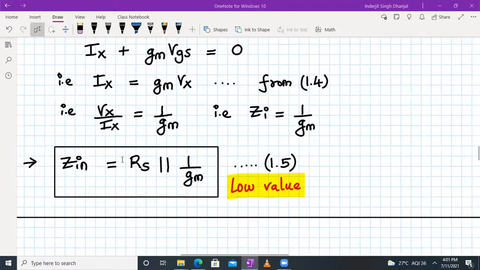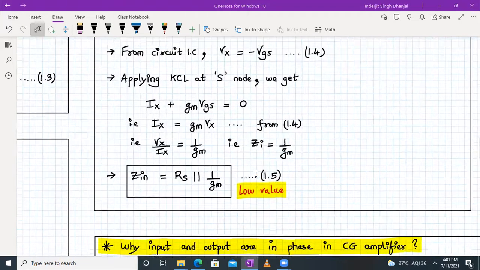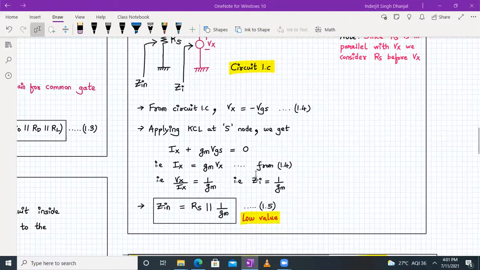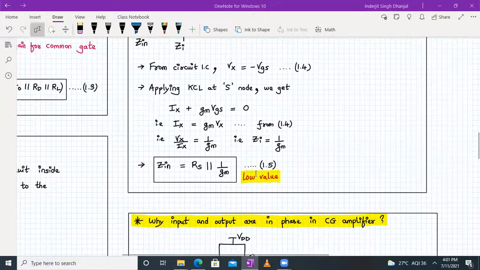And this Rs value is quite low. Also the 1 upon gm value is also quite low. So the input impedance of a common gate amplifier is a low value. We cannot say extremely low, but we can say that it's a very low value, ideally close to 0.